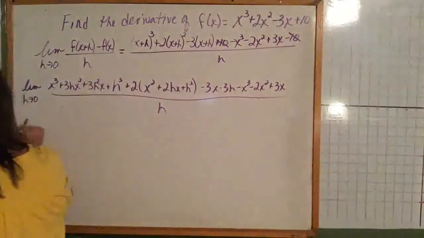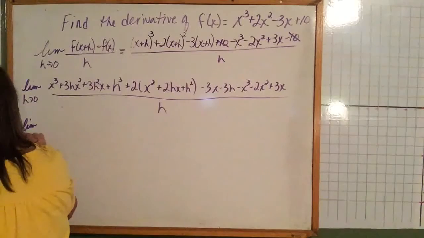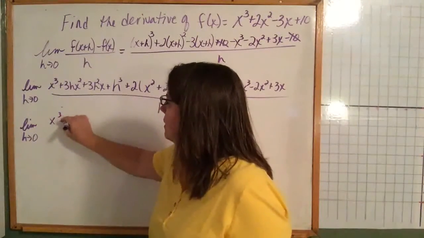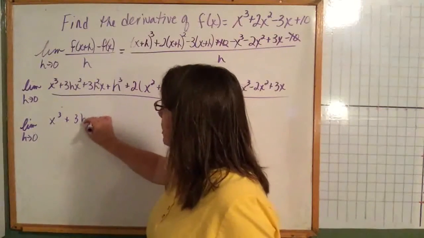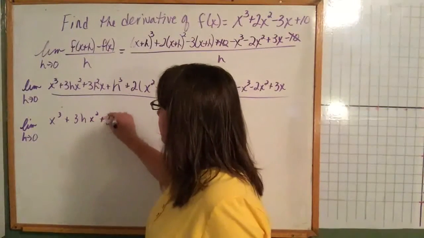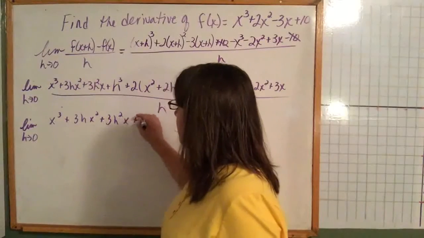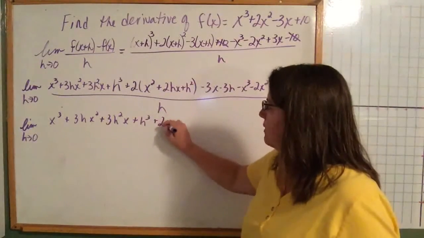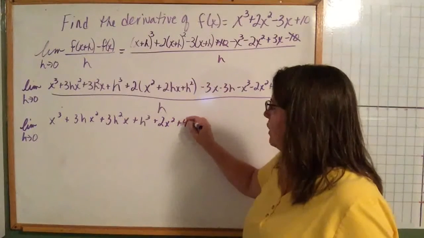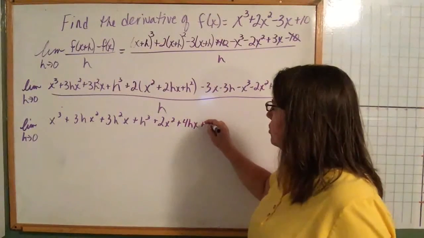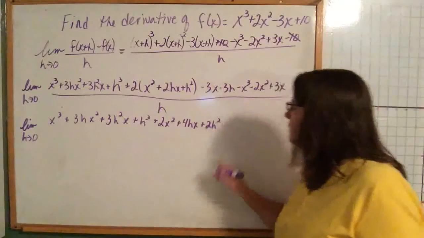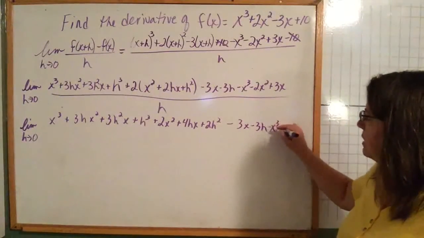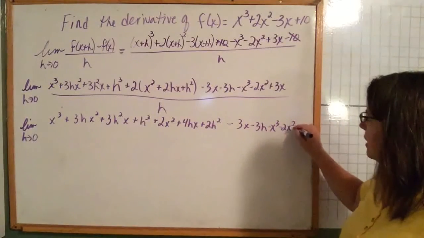So I'm going to rewrite. I've got x cubed plus 3hx squared plus 3h squared x plus h cubed. I distribute my 2. That's plus 2x squared plus 4hx plus 2h squared minus 3x minus 3h minus x cubed minus 2x squared plus 3x.